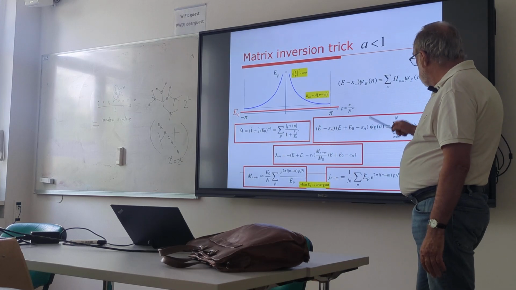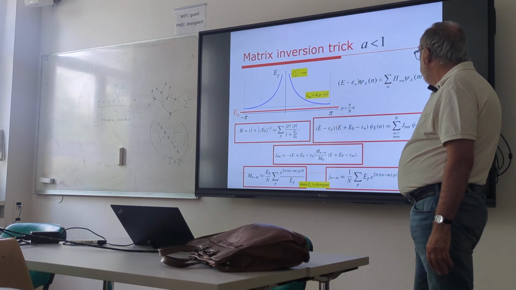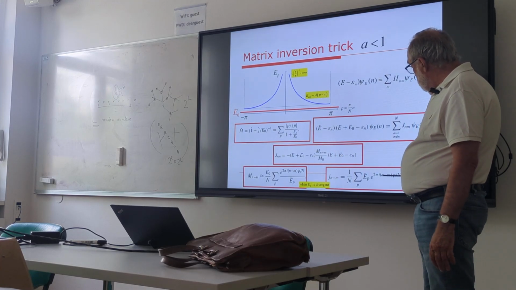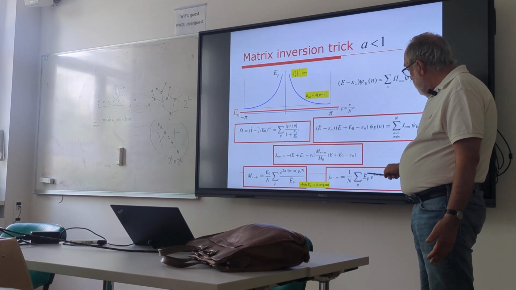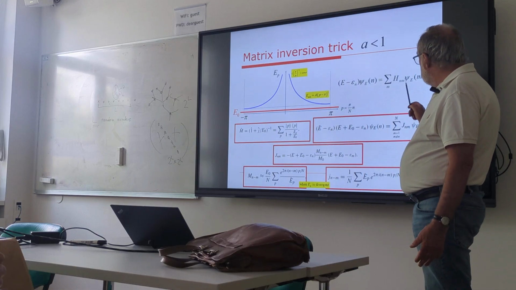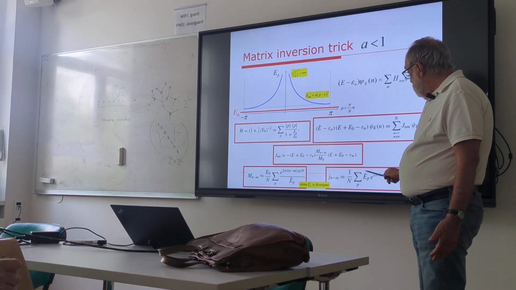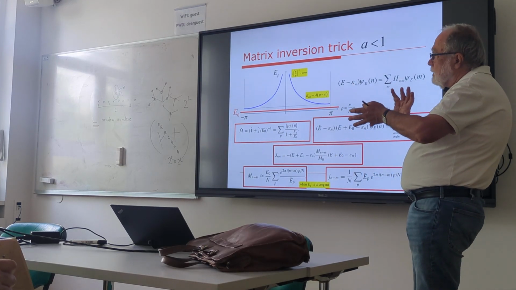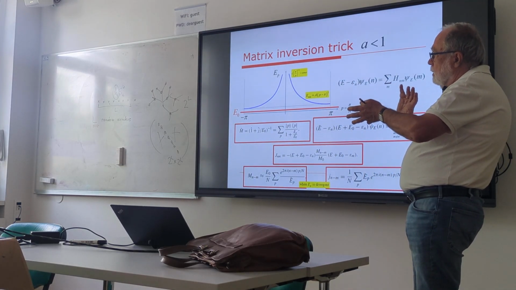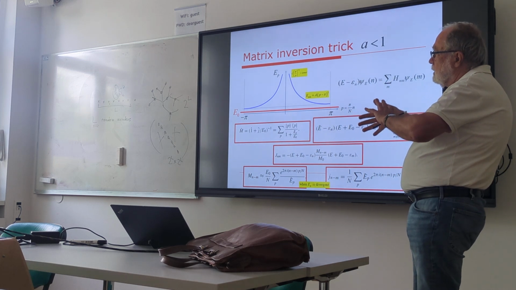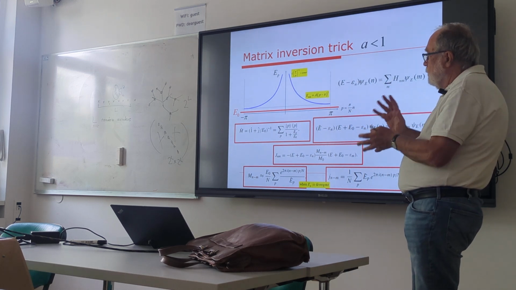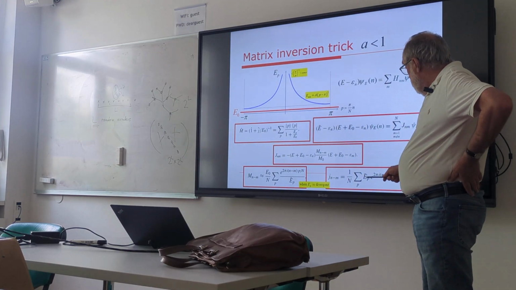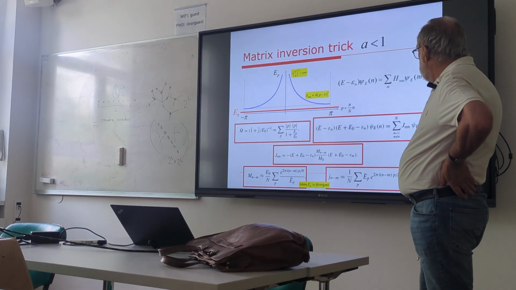So it has an expansion in the momentum, and in the momentum space off-diagonal matrix elements become diagonal. When you do the Fourier transform, off-diagonal matrix elements in real space become diagonal matrix elements in momentum space, and vice versa.